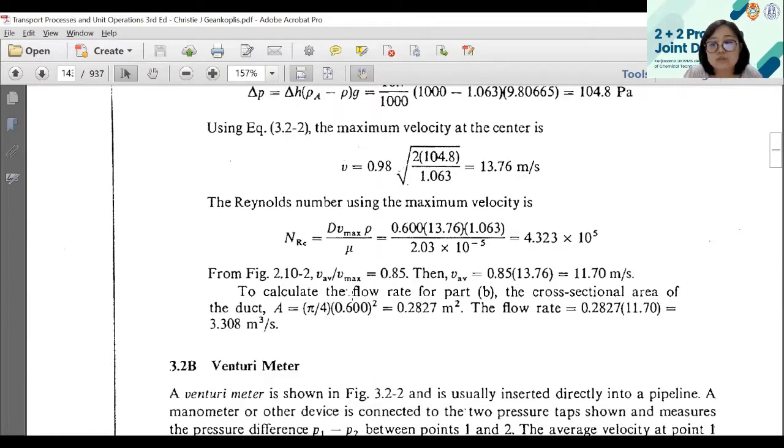So I just need to find the cross-sectional area of the circular duct. The cross-sectional area is pi over 4 times diameter squared, right? So it becomes this, and multiplying it with this, I can find this. So that's for the pitot tube.